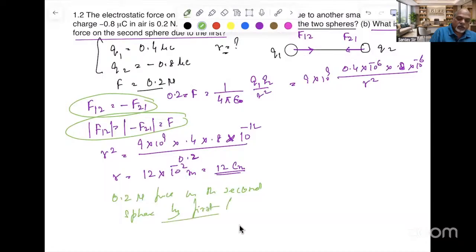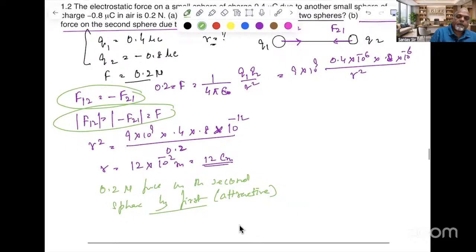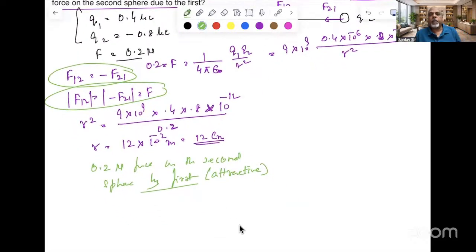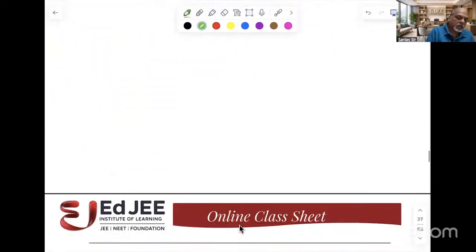And of course, this will be an attractive force. So this was your second problem. Now, we should go to the third problem.